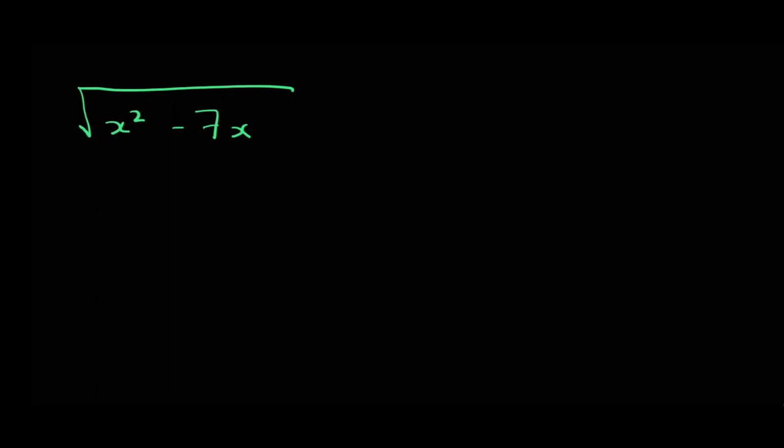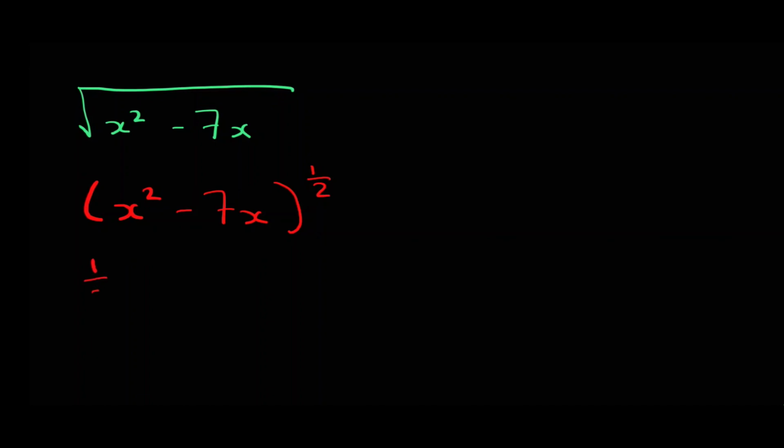Alright, let's see if we can find the derivative of this one with respect to x. Well, the square root of x squared minus 7x can be rewritten as x squared minus 7x all to the power of a half, because raising something to the power of a half is the same as square rooting it.